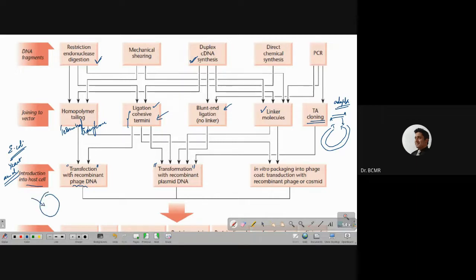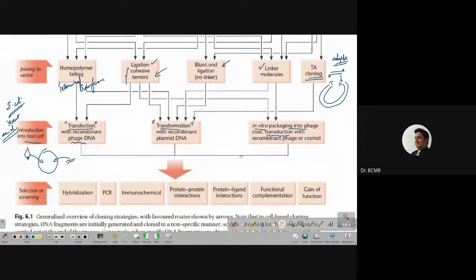Transformation is when direct DNA is given; then you would call it transformation. The other one is, of course, in vitro packaging into the phage, and we call it transduction. Okay. I hope you have a good enough idea about these.